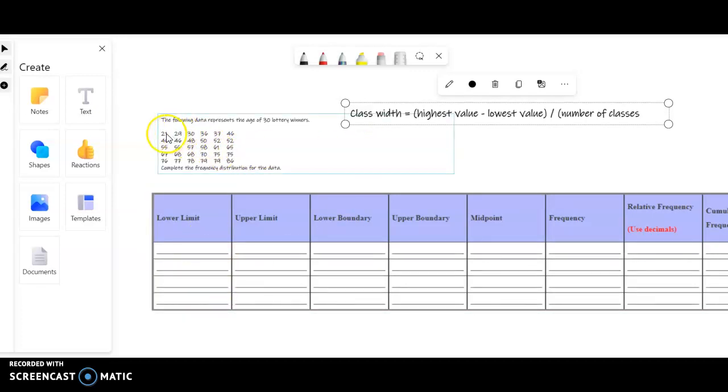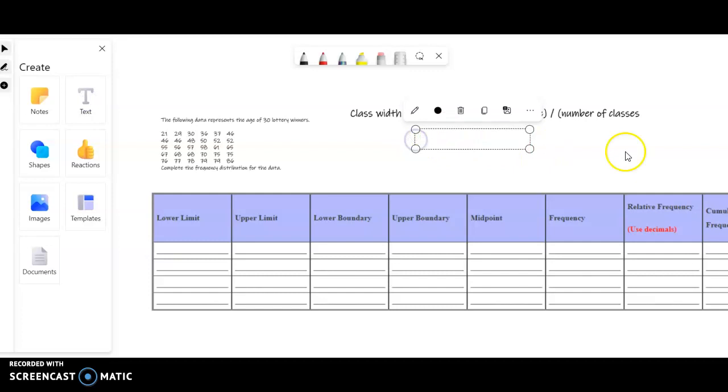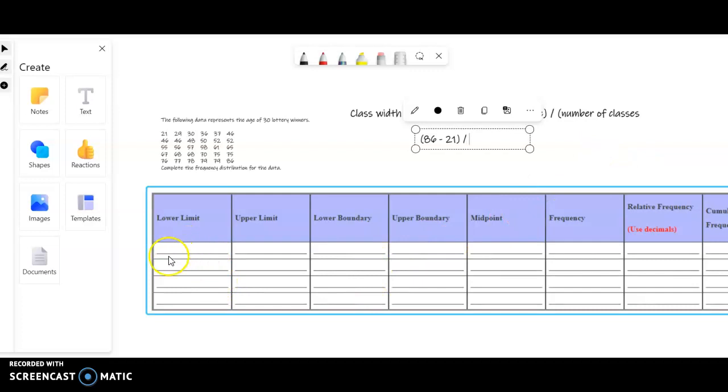So looking at our data, sometimes the data is ordered from smallest to largest, and sometimes it's just a mess all mixed up together. So sometimes you gotta look for it. But in this case, our highest number is that 86. The lowest number is the 21. And we're going to divide by, if you look at the table, we have 1, 2, 3, 4 classes, okay?